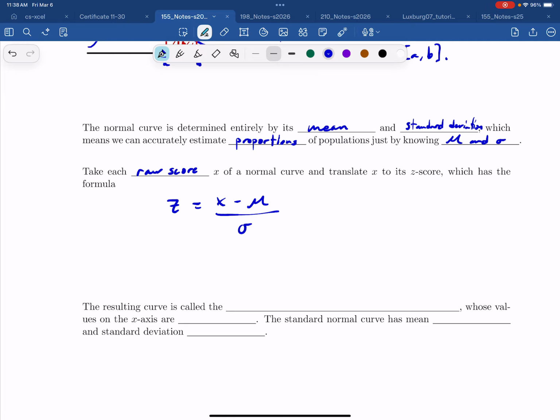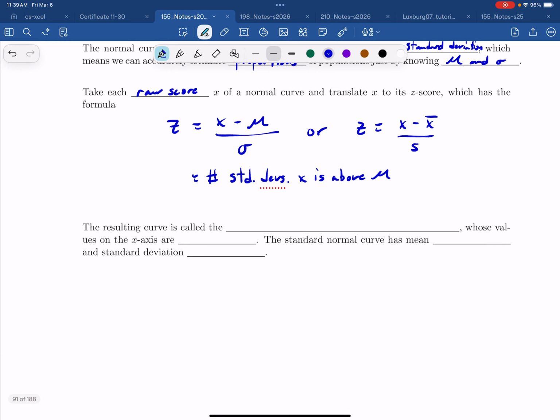And that is the number of standard deviations x is above the mean. Alternatively, you might see the z-score written as x minus x bar all over s. This is just a question of whether it's population data or sample data. They both numerically mean the same thing.